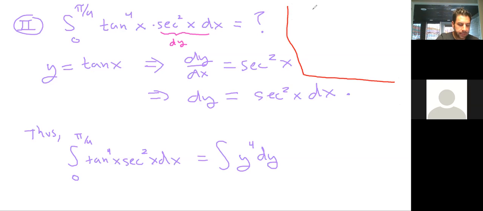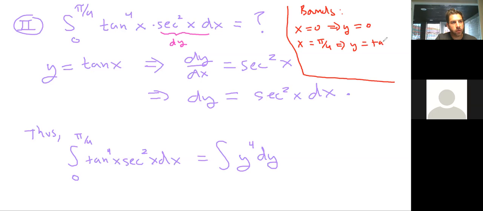So let everybody know we're trying to do our bounds. x equals 0 implies y equals 0, and x equals pi over 4 implies y equals the tangent of pi over 4. But what's the tangent of pi over 4? It's 1. So our bounds now become 0 to 1.